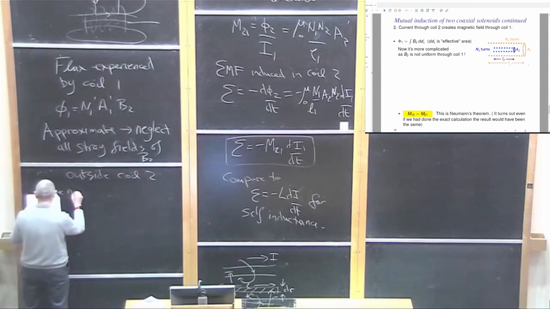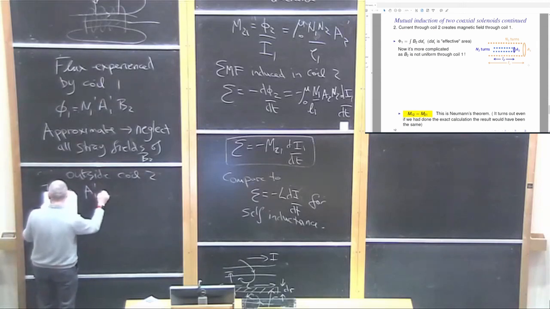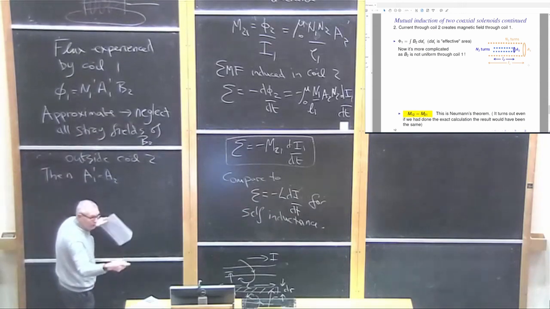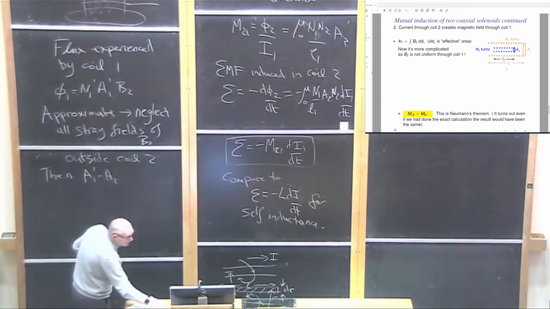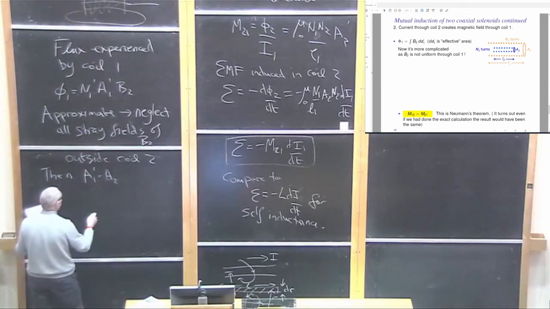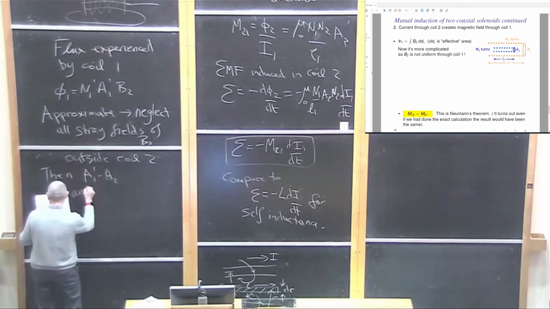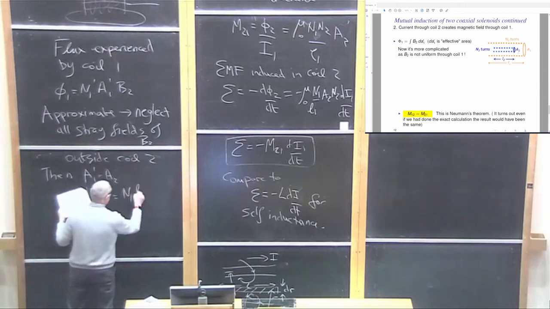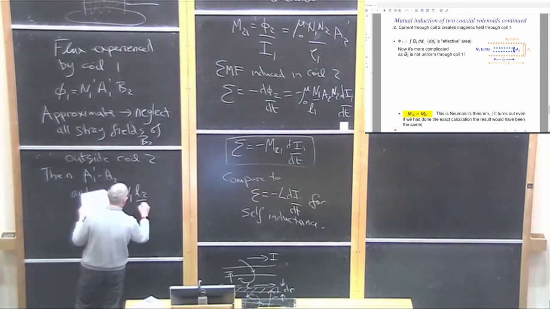problem. Then A1 prime is just A2, the area of A2. We're just taking that the amount of flux linked is only caused by the inner area, and N1 prime is equal to N1 L2 over L1.